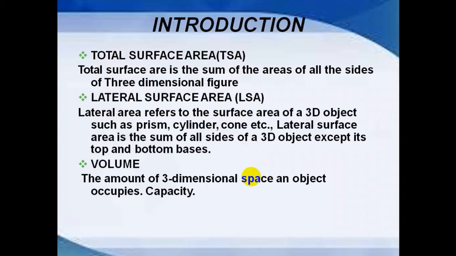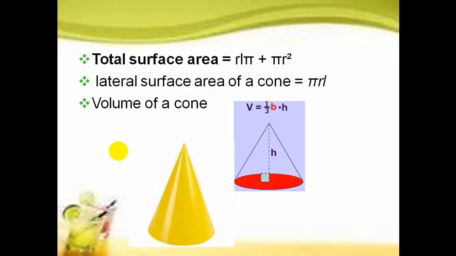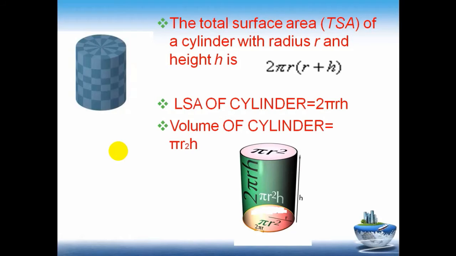Total surface area is the sum of the areas of all the sides of three-dimensional figures, and lateral surface area is the surface area of 3D objects such as prism, cylinder, and cone, etc. So you see in this slide that for the cylinder, the total surface area is equal to 2 pi r into (r plus h), the lateral surface area of the cylinder is 2 pi r h, and the volume of the cylinder is equal to pi r square h. So these three formulas are very important for the cylinder, which is a three-dimensional shape.